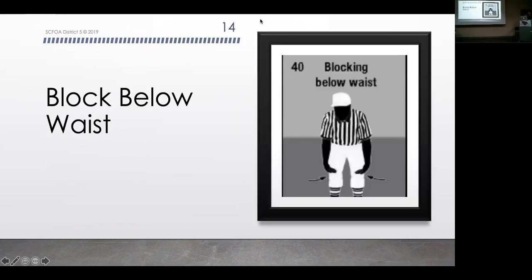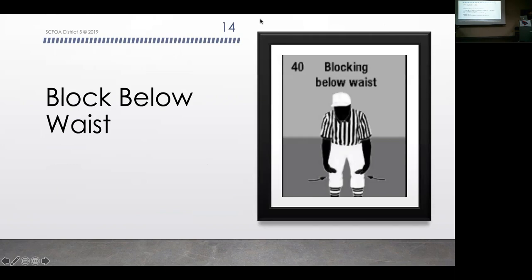So, blocking below the waist. Back when clipping was allowed, clipping was legal in the zone. But if it was the same block out of the zone, downfield somewhere, we didn't call that a clip, we called that a legal block. What's the terminology now, since it's illegal everywhere? It's still an illegal block because it's below the waist.